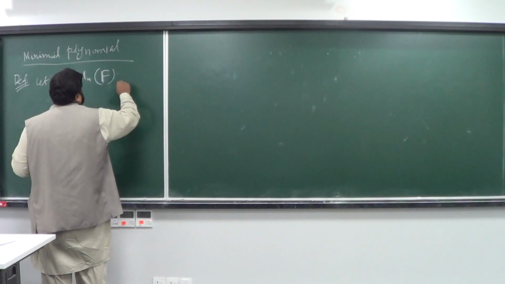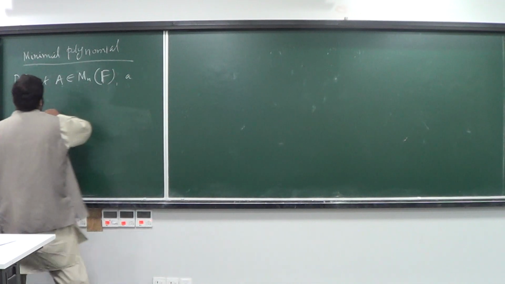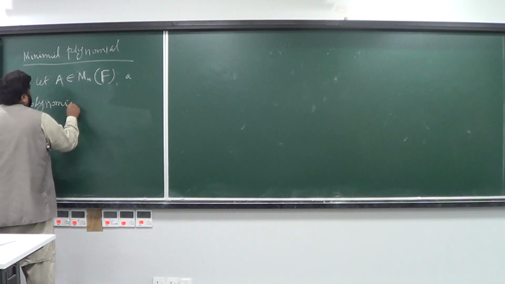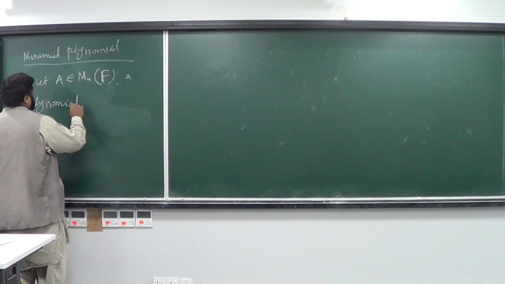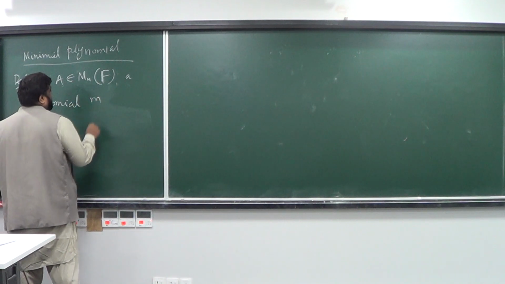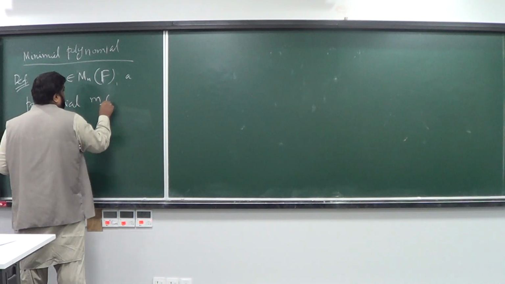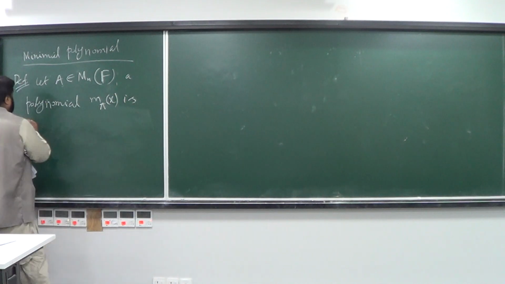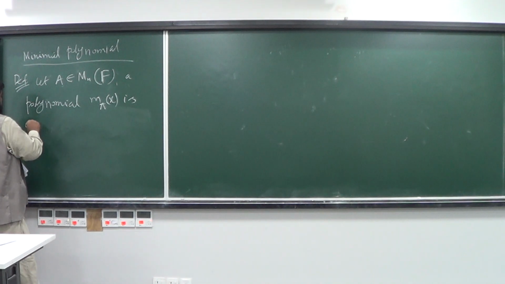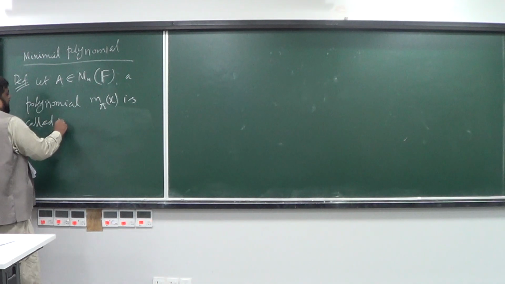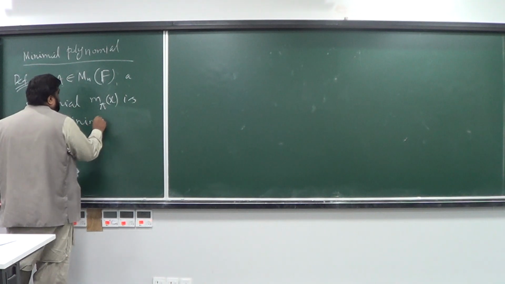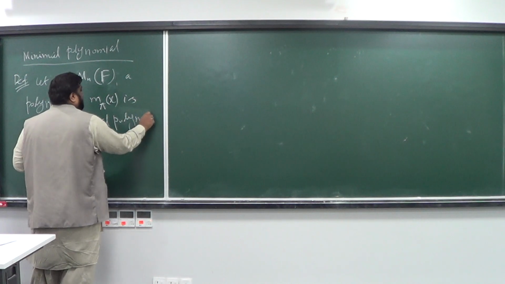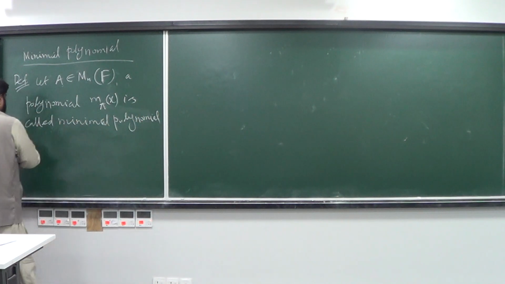A polynomial, let's denote that polynomial by M_A of x, we're going to call a minimal polynomial if it has the following properties.